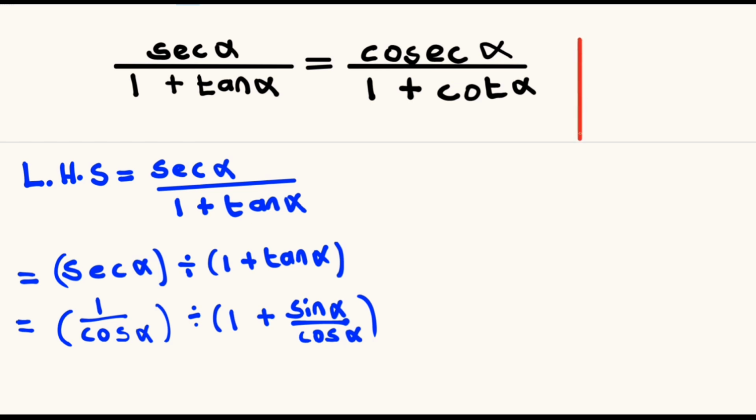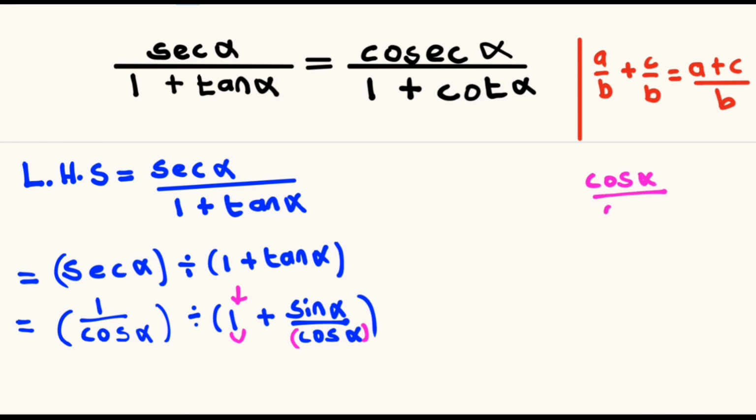Remember that if we had a divided by b plus c divided by b, this is equal to a plus c, all of which is divided by b. We are going to express the 1 so that the denominator matches the denominator that we have, the cos of alpha, so we can express the 1 as cos alpha divided by cos alpha, and we know that cos alpha divided by cos alpha is equal to 1.